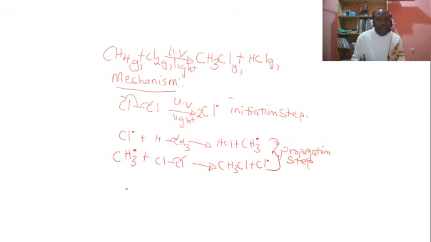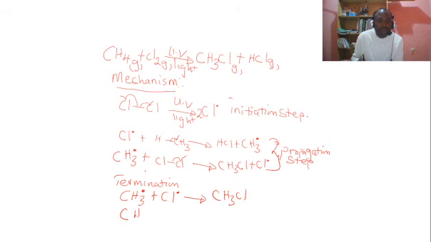Now if you want to go to the termination step, you see what the writing part does. So these are just part of the things it's going to be doing for you. Where all the free radicals come and combine, we can have now our CH3 free radical plus Cl give us our chloromethane.